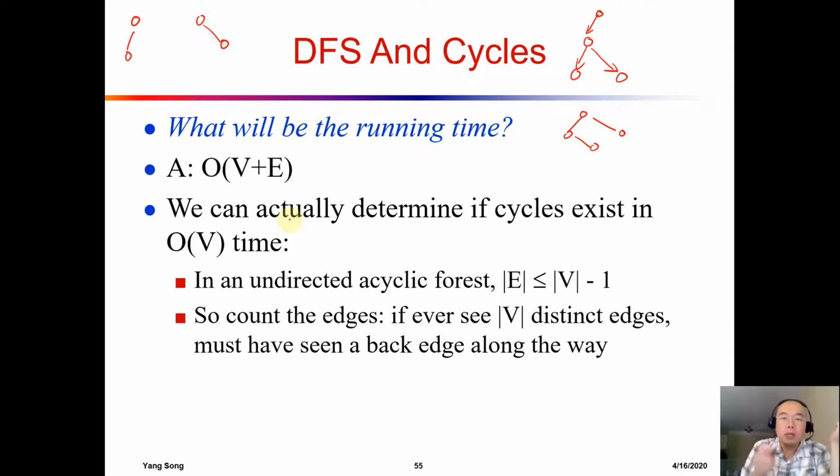In other words, if E is higher than V minus 1, it is guaranteed that we will have a cycle, and our algorithm will be able to detect that. So this is the reason we say that to detect whether cycles exist in a graph, this algorithm can be done in O(V) time.